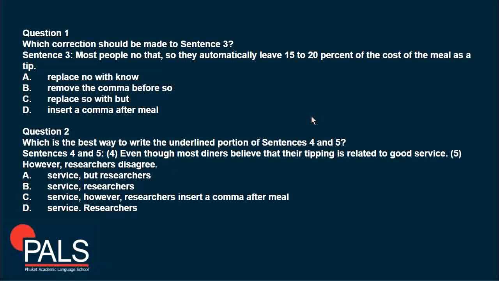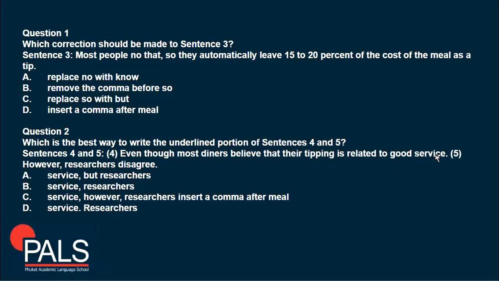Which is the best way to write the underlined portion of sentence 4 and 5? I think it's suggesting service, However, researchers, so this might be the underlined part. I just had some typographical error there.